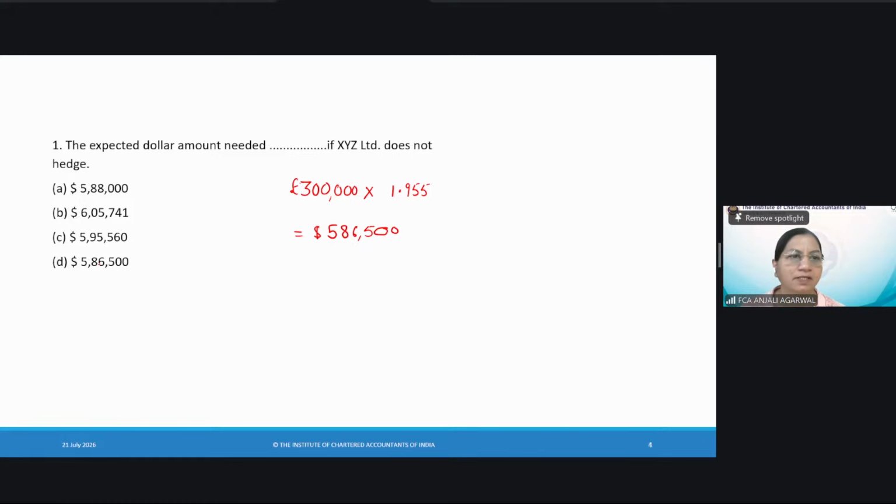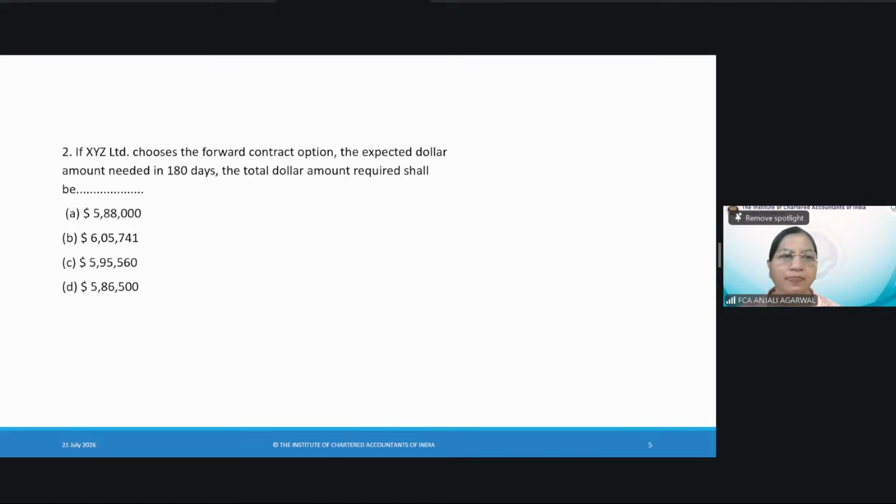So the correct answer is D. What is the expected dollar amount needed if we do not hedge? $5,86,500. Let us look at the second question.